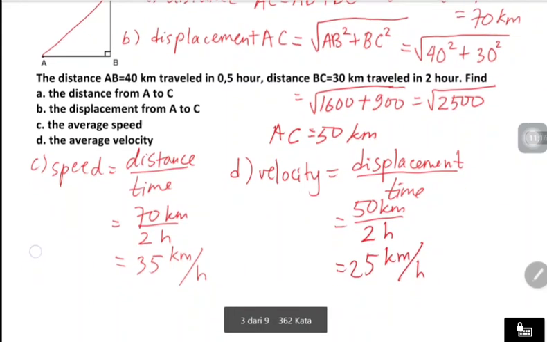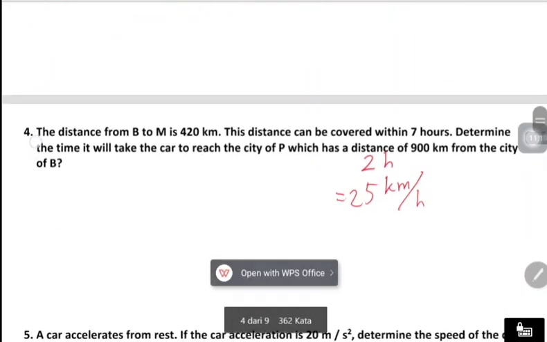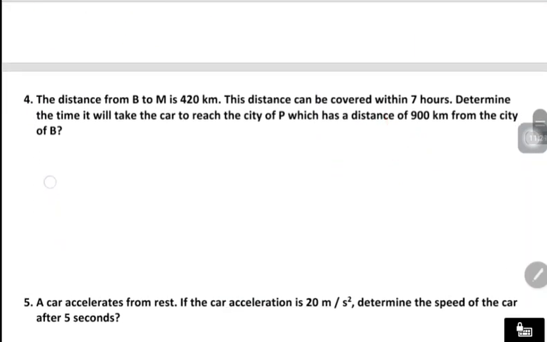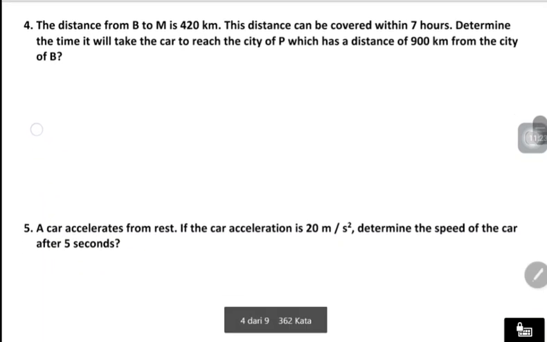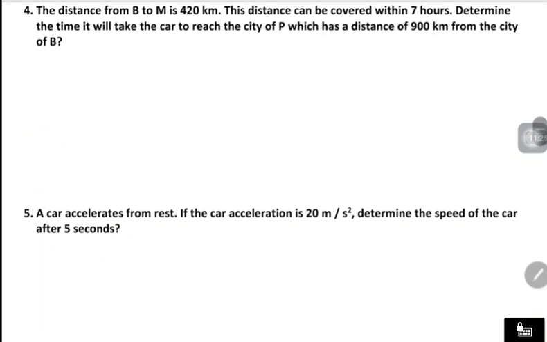Next, number 4. The distance from B to M is 420 km. This distance can be covered within 7 hours.